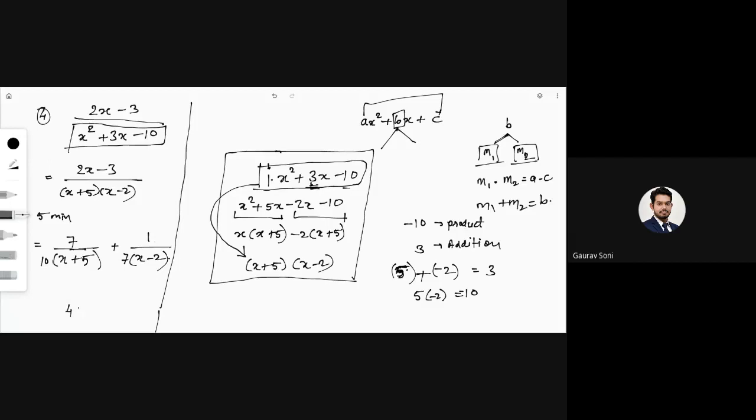So we'll have 49x plus 10x. Yeah, sir, it is correct. 7 by 13 is there, not 7 by 10. Sorry.